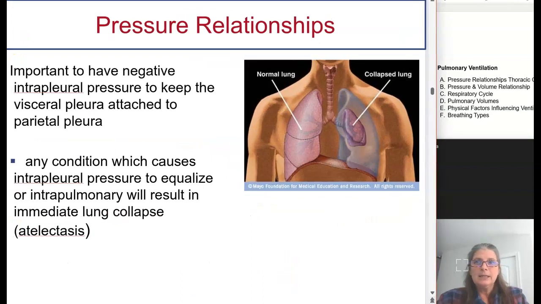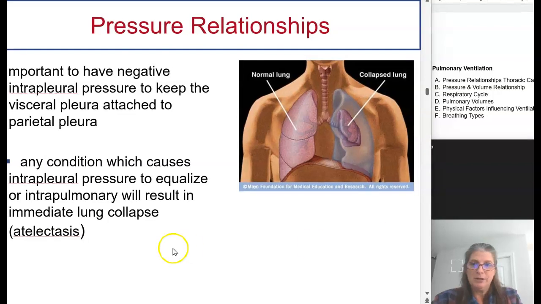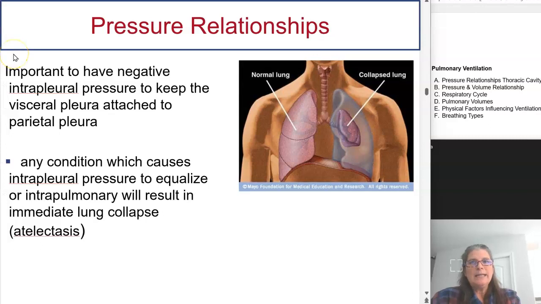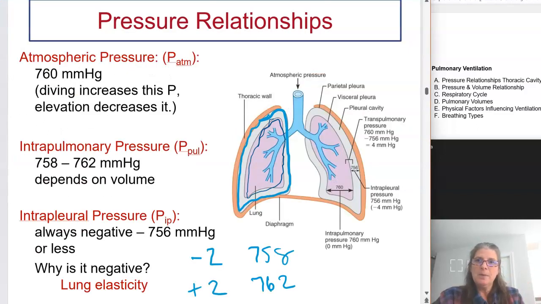Now, when we look at this intrapleural pressure, it's pretty important that it's negative. Because what it does is it helps keep the visceral pleura attached to the parietal pleura. It actually causes a little bit like suction. And so if we go back to this picture, we have atmospheric pressure pushing against us.